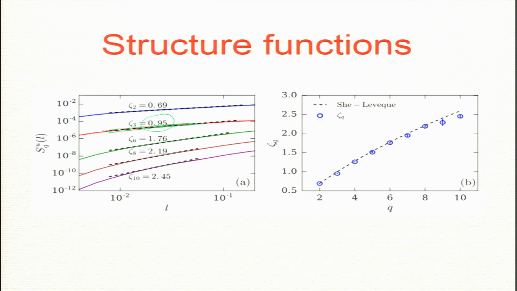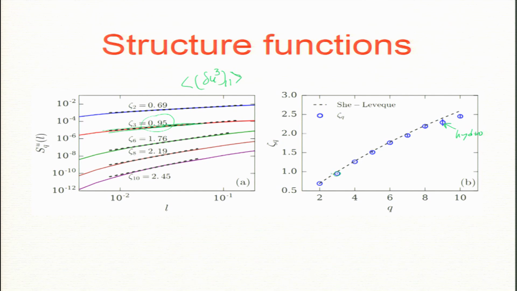So, this is delta U cube parallel for third order. Okay. For higher order, you put the way with delta U to the power q, and it fits very well. So, this is She-Leveque theory, which I mentioned, but I did not describe in detail. So, She-Leveque is good for hydrodynamic turbulence, it fits very well.